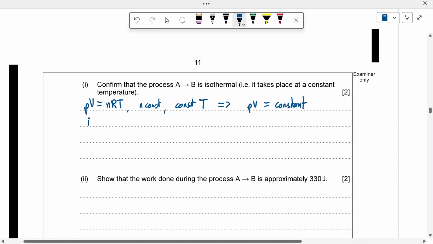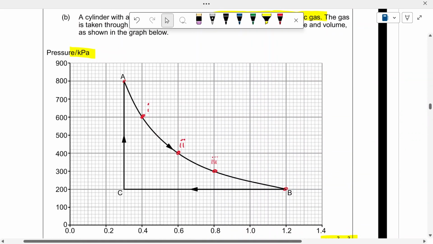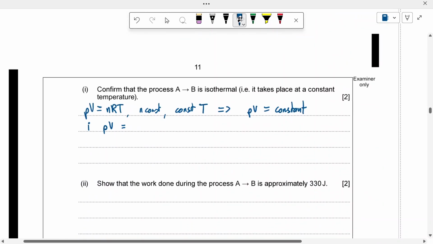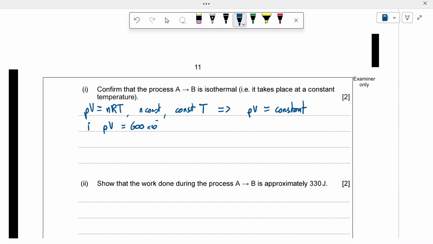At point 1, PV equals, I should have checked, so 600 kilopascals and 0.4. 600 times 10 to the 3 multiplied by 0.4 times 10 to the minus 3. So our powers of 10 in fact cancel out. 0.4 times 600 is 240.